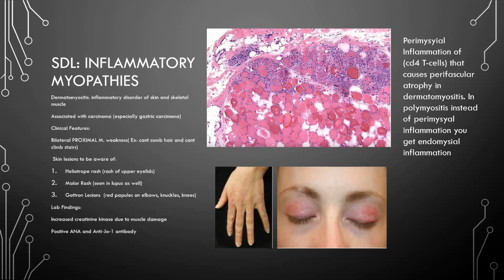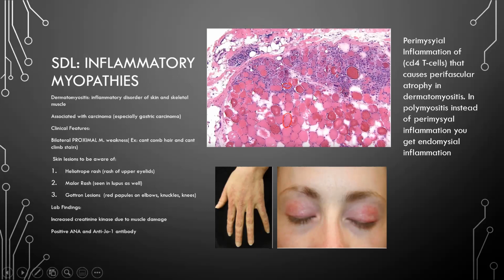Clinical features: you're going to get proximal muscle weakness, like you can't comb your hair or climb stairs. The three big skin lesions are the heliotrope rash, which you'll see on your upper eyelids; Gottron's lesions, red papules on the elbows, knuckles, and knees; and the malar rash, seen in lupus as well. So you have to be careful to distinguish between those.